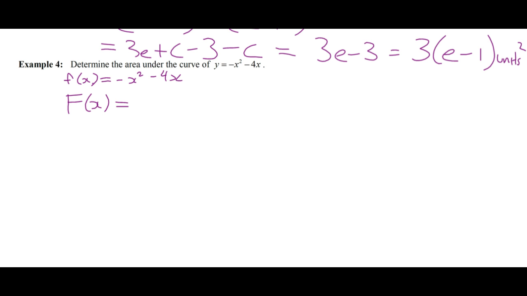Negative 1/3, right? So we've got to bump the power from 2 to 3, but we've got to divide by 3. So negative 1/3 x cubed. You can check that: multiply by 3, it gets rid of the 3, and you get x squared. Minus 2x squared, plus c. Right, little general thing.